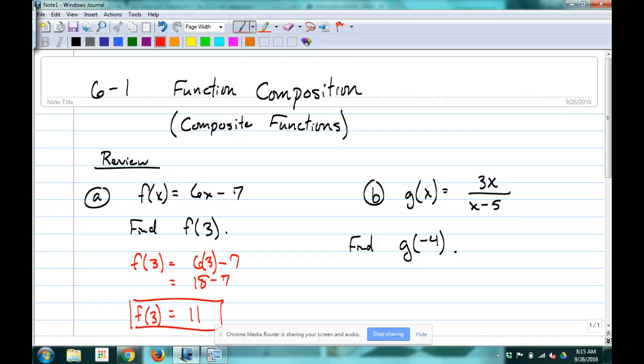So that's function value. Maybe we've got a rational function there. G of x is 3x over x minus 5, and we want to find the function value for g of negative 4. So same thing, just plug that in for x.